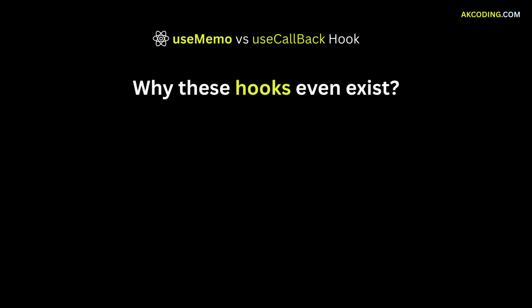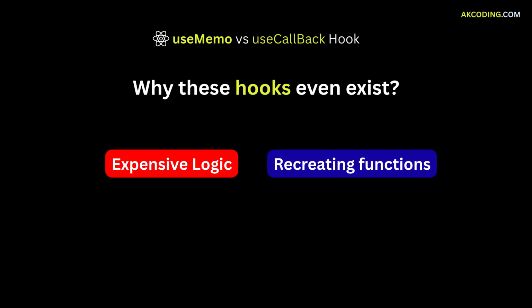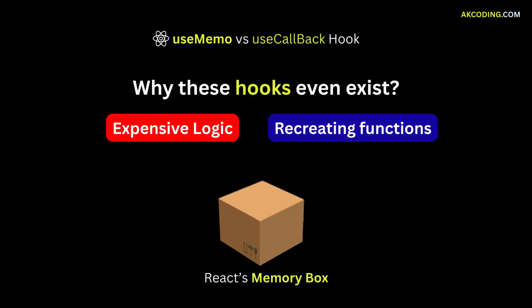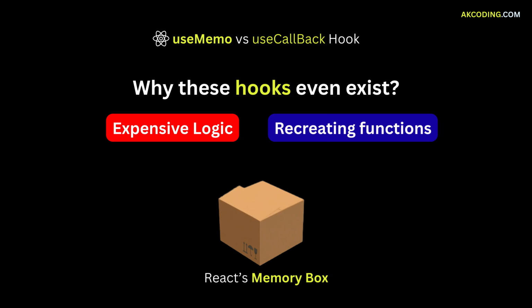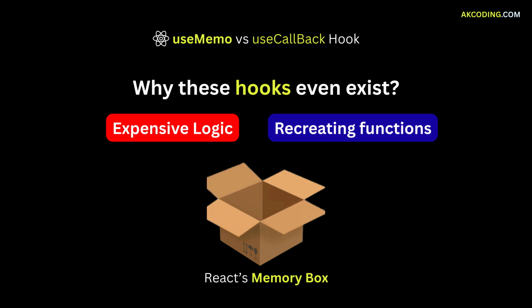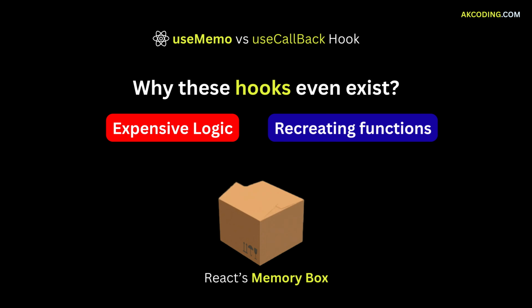Imagine recalculating expensive logic or recreating a function on every re-render, a waste of performance, right? That's where useMemo and useCallback step in. Think of them as a React memory box. You store a value or a function and React gives it back without recomputing unless it really needs to.